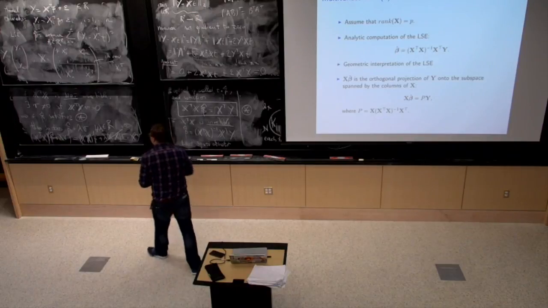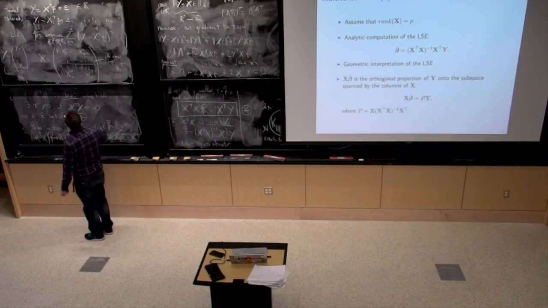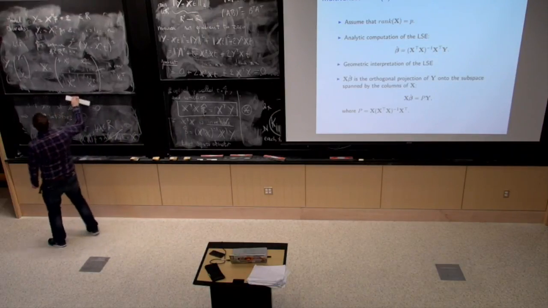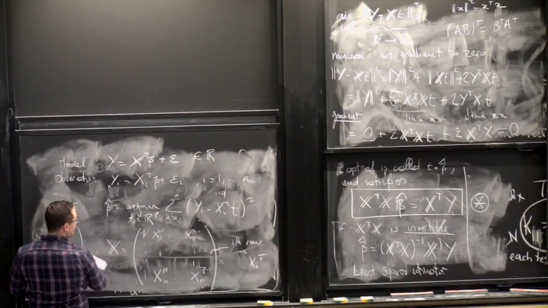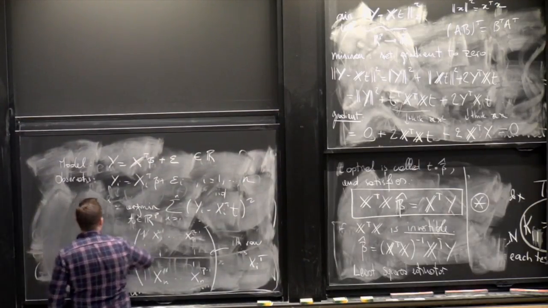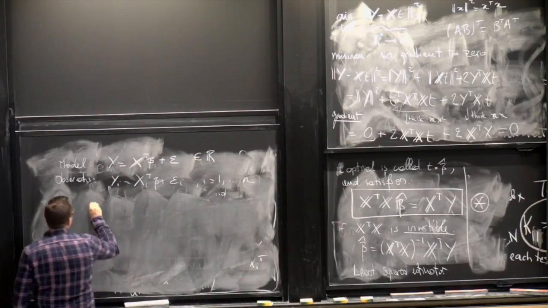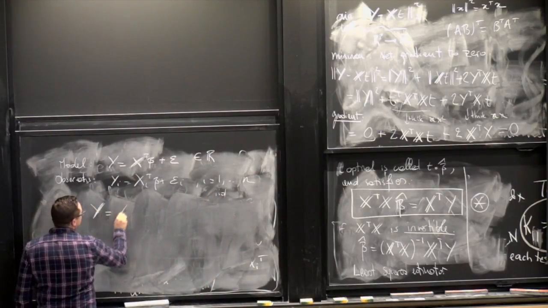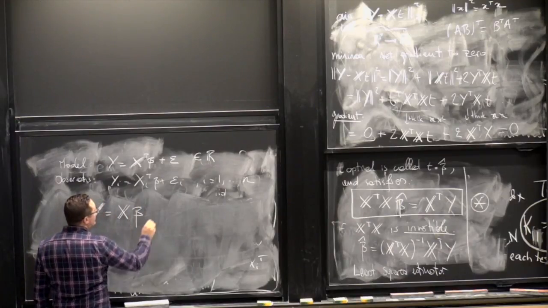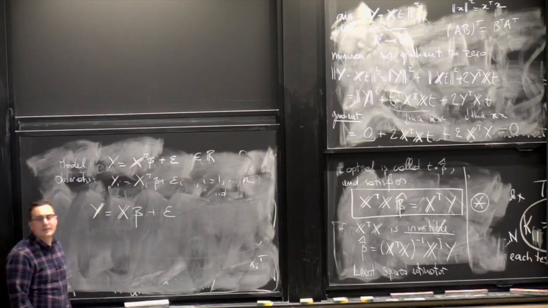So what is x times b hat, right? Remember, I started with the model. So if I look at this definition, what I had as an original thing was that the vector y was equal to x times beta plus the vector epsilon. That was my model, right?